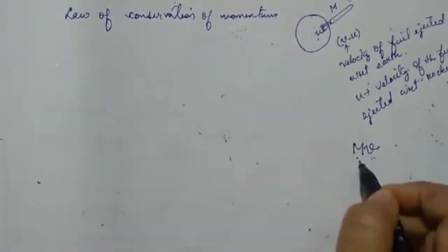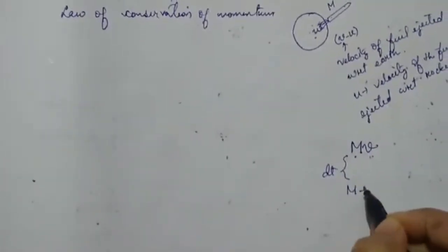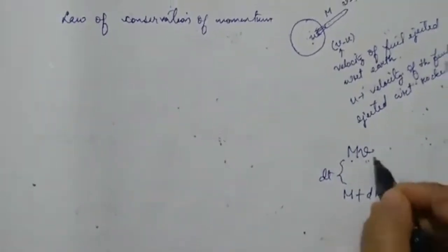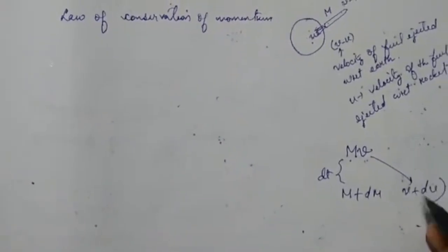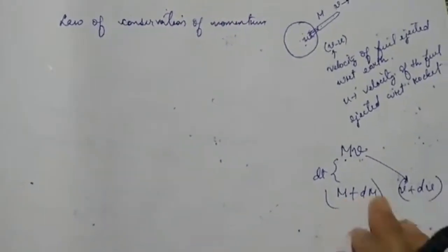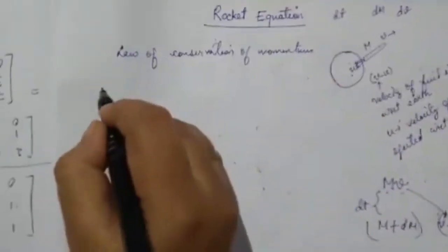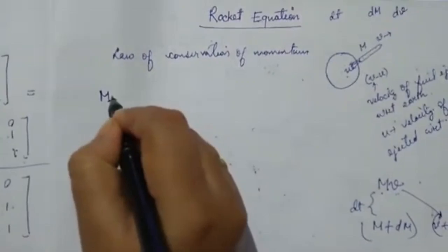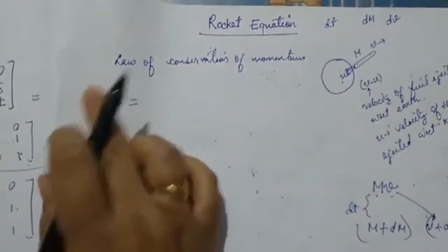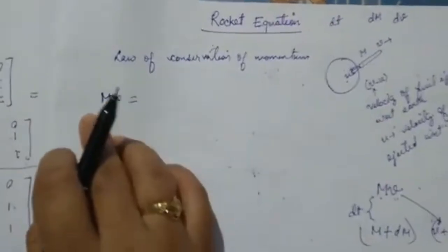Then after dt time, mass has changed by dm and velocity has changed by dv. I'm not writing increase or decrease, I'm just writing change. So initially the mass of the system is m and velocity is v, so this is the total momentum of the system of the rocket.